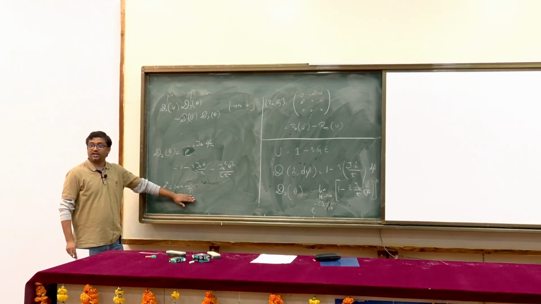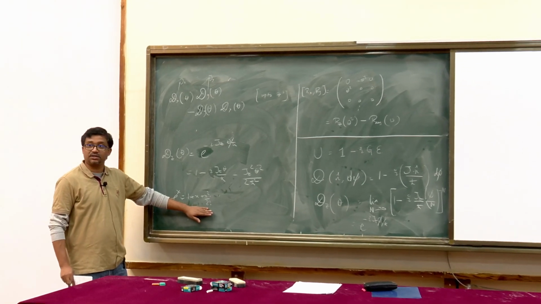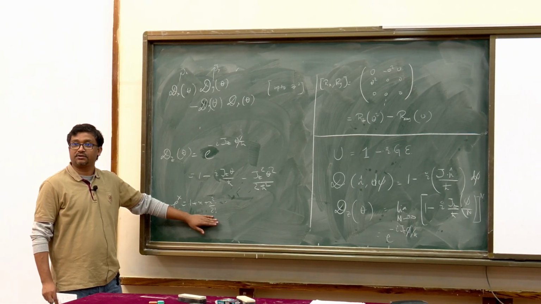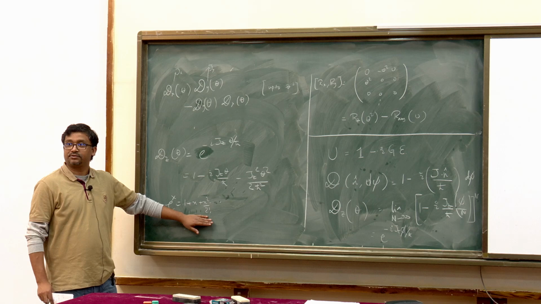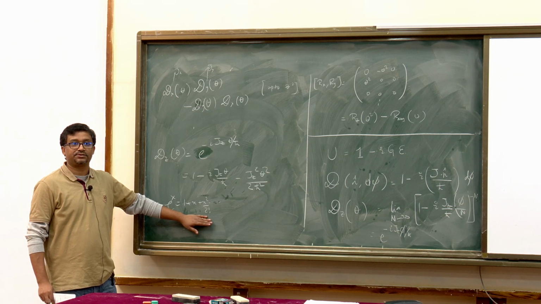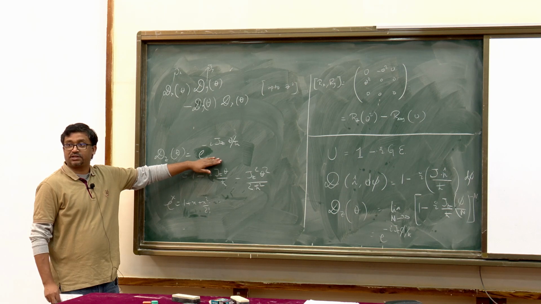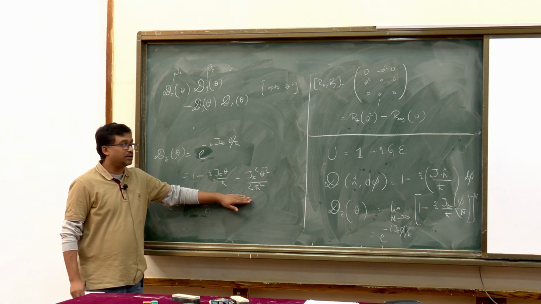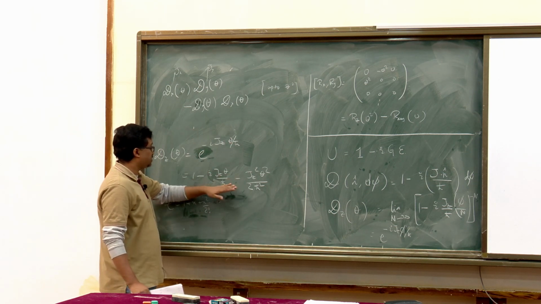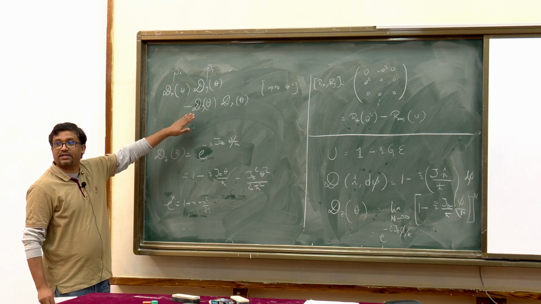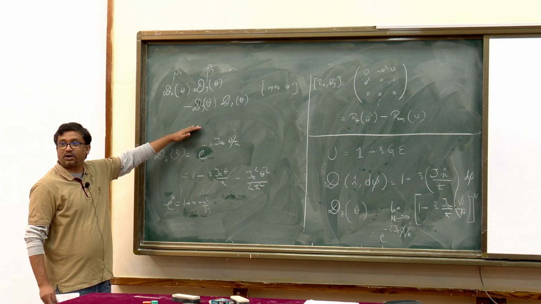You are familiar with this, right? Taylor series expansion of exponential. So, you do the Taylor series expansion of this exponential, you get this, plug it in here. Now, plug the corresponding x and y there and figure out what you get.